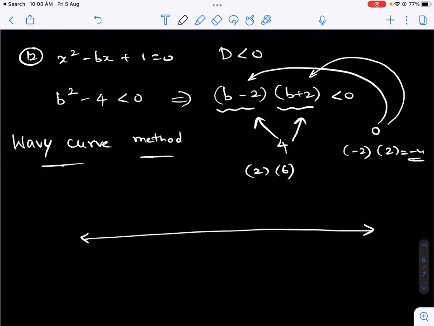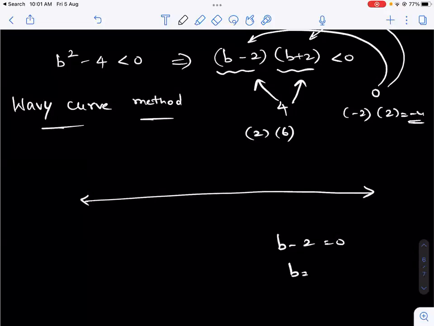So b minus 2, if I equate it to 0, what will be the value of b? B is 2. So 2 is one of the checkpoints. On the number line, I will set 2. And b plus 2 is equal to 0, so b is equal to minus 2.